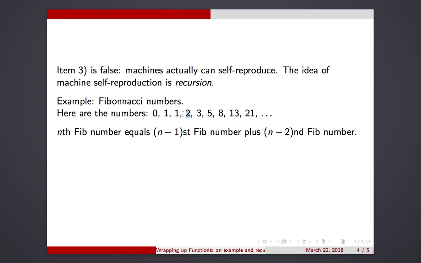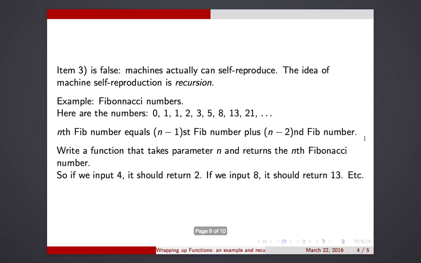This number 2 is the sum of the previous two numbers. 3 is the sum of the previous two numbers, right? 8 is the sum of the previous two, etc. So that is how this sequence is built. The nth entry in the sequence, so the nth Fibonacci number, is the guy right behind it plus the guy 2 spots behind it. So the nth guy is the sum of the previous two guys.